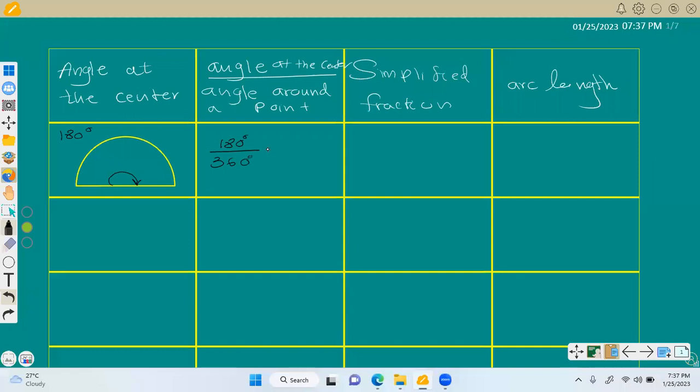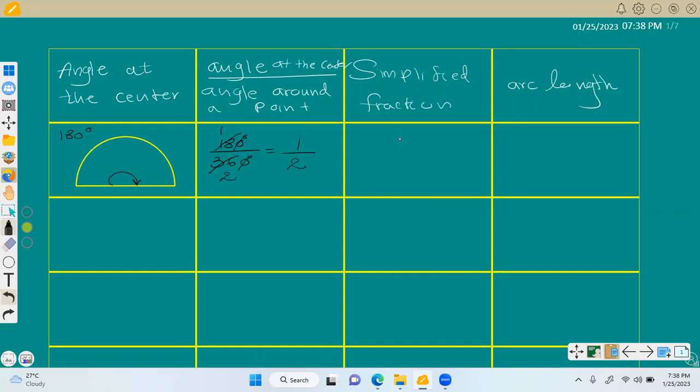Then if we simplify this, how many 180s are there within 360? 0 and 0 can be cancelled. Then 18 divided by 18 is 1, 36 divided by 18 is 2. So the ratio of angle at the center upon angle around the point is equal to 1 upon 2.